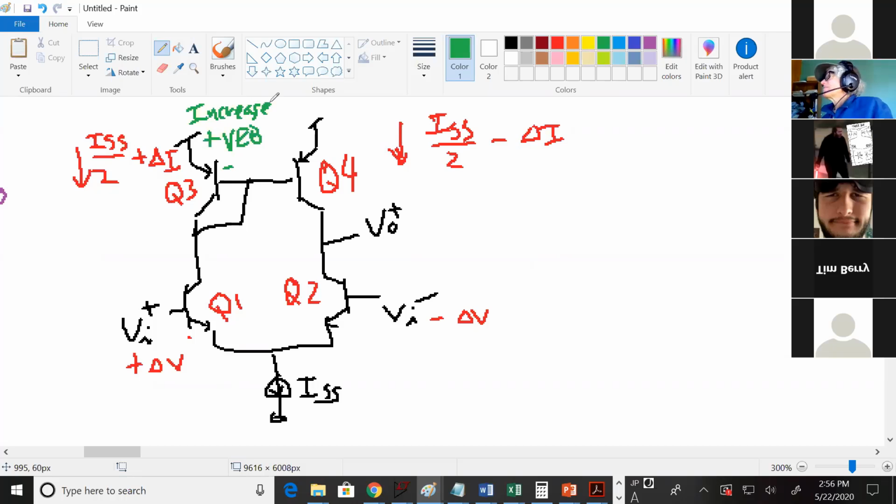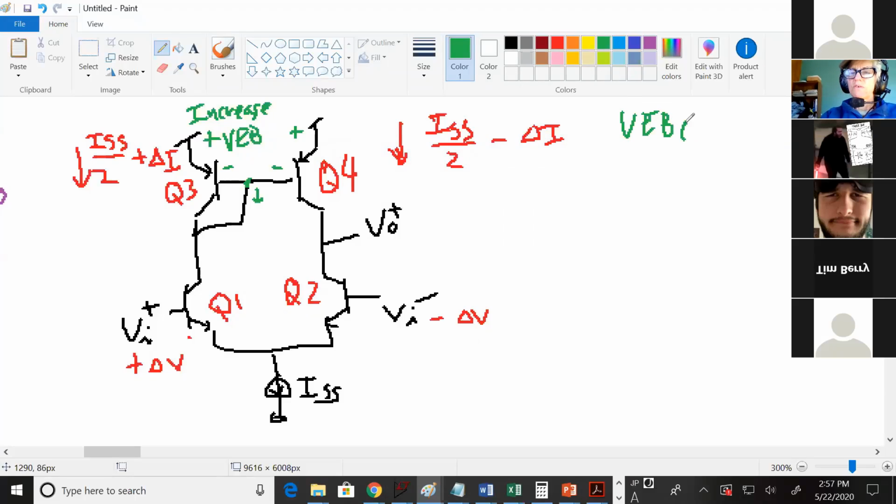That PNP says I have to accommodate more current, so it increases its VBE. The thing is that Q4 just uses whatever base voltage Q3 generates. So Q3 just said, I had more current coming through me, so I have to increase my VBE, and it takes the base voltage and drops it a little bit, so its VEB will increase. That actually also increased the VBE on the right side.